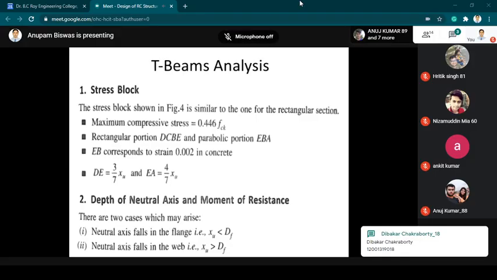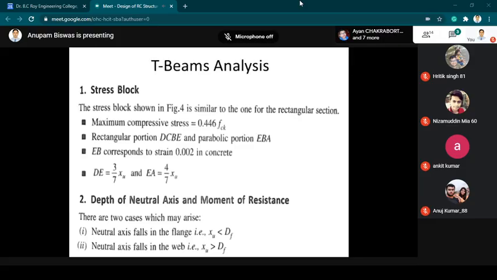The parabolic portion is your BAE. The distance BE is 0.42 xu or 3 by 7th of xu, and this actually corresponds to the strain at 0.002.